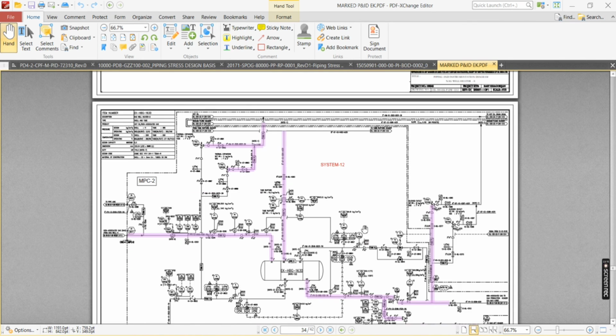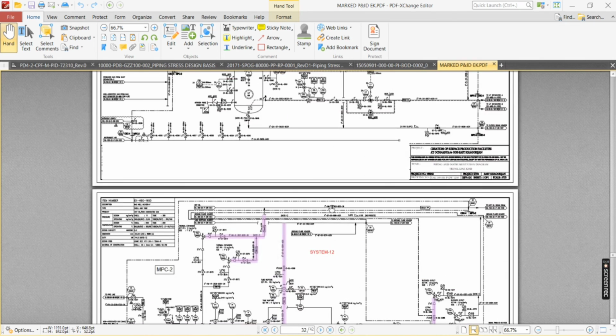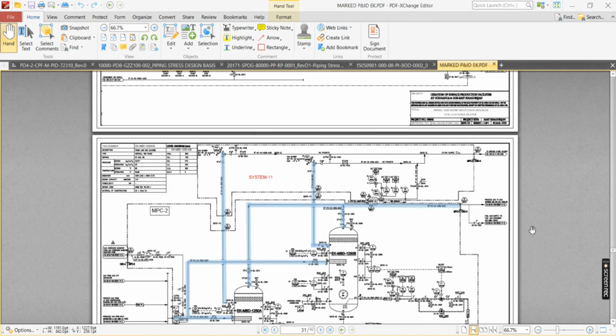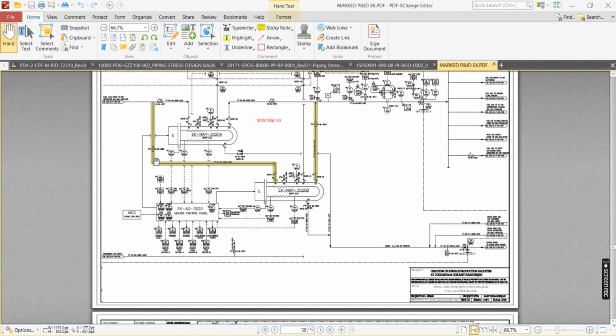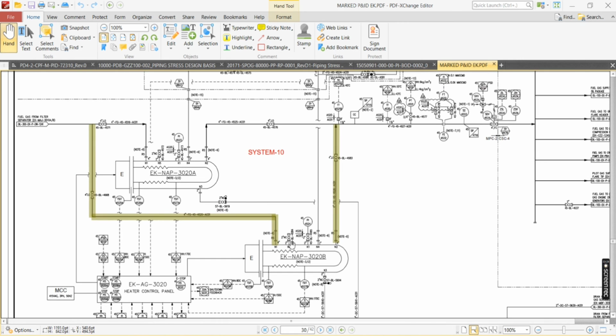So you can see how many lines are grouped together. So that is your responsibility whether you need to consider one line or two lines or 10 lines or 50 lines. But it should be interconnected. Lines should be interconnected or connected to any common equipment.